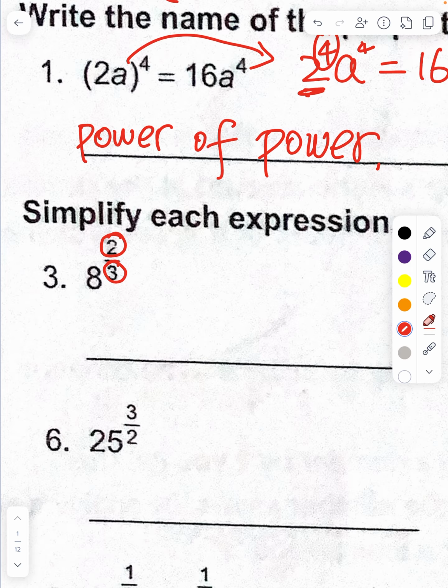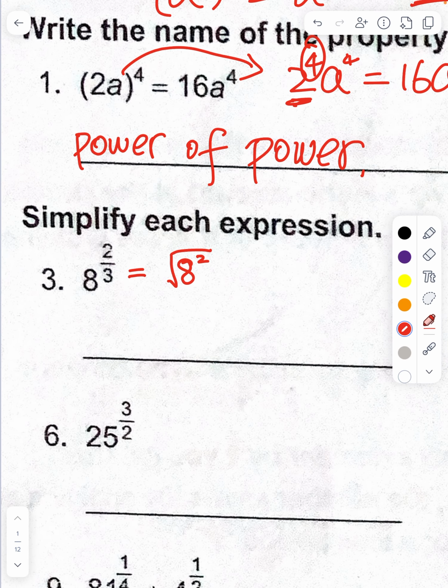So I can change this to 8 raised to the second power, or 8 squared, and then cube root. So this is cube root of 64, because 8 squared is 8 times 8, which is 64.